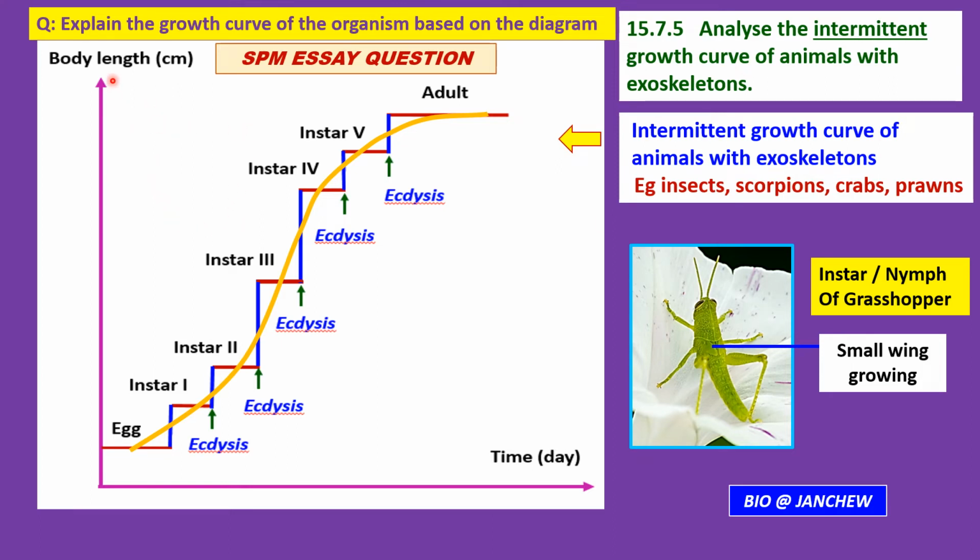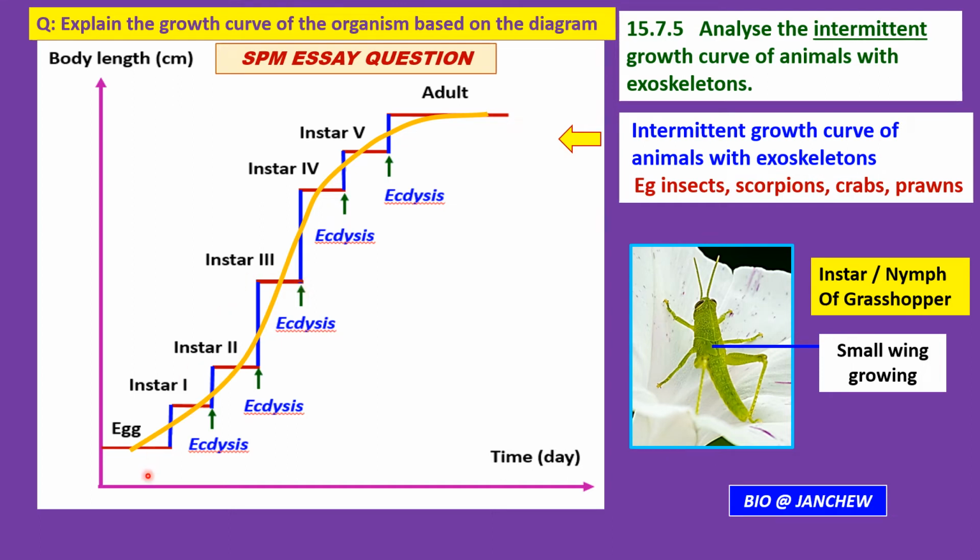Firstly, we can say that the graph of body length against time is a series of steps, or has the shape of a staircase. And this shows periodic growth or intermittent growth that occurs during ecdysis, right? During the times of ecdysis only you can see the sudden increase in body length. Okay, so periodic growth or intermittent growth, meaning growth that occurs once in a while, not continuously.